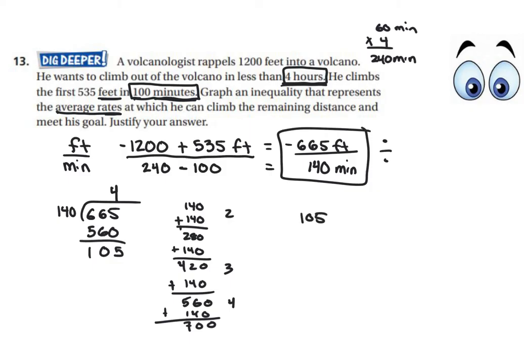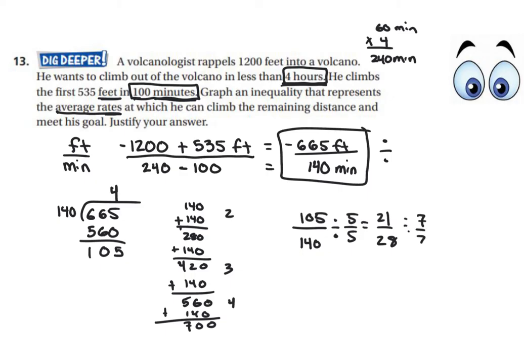105 is what's left over. That's your part that's left. Your whole is still the 140 minutes. And from here, we're just going to simplify this. Let's divide by 5 over 5. Get 21 over 28. That simplifies.